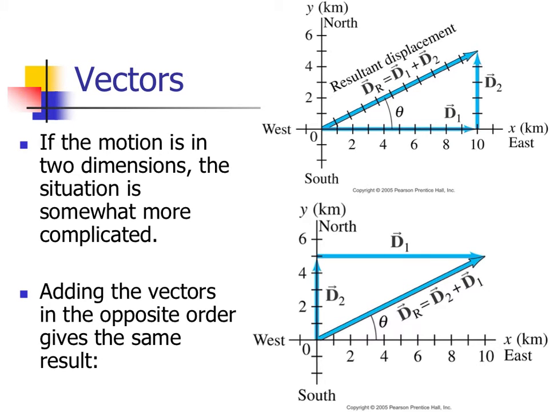But life isn't always easy and nice. A lot of times it's messy. And therefore we can also have motion in 2 dimensions. Triangles.